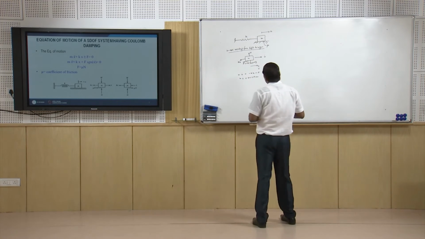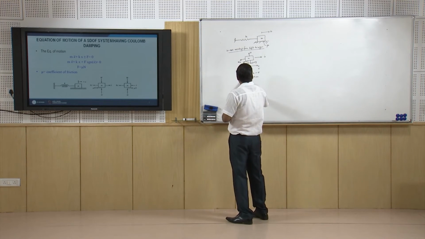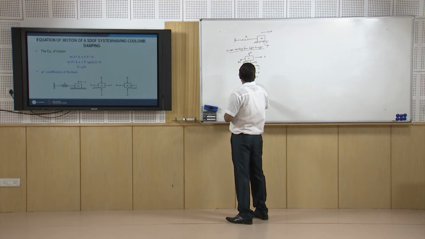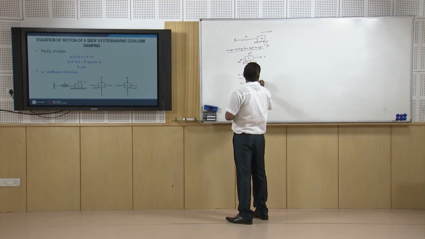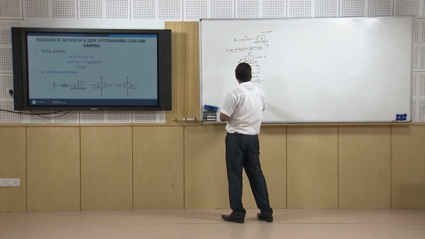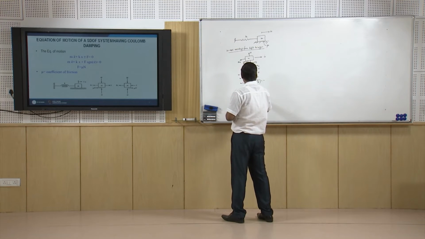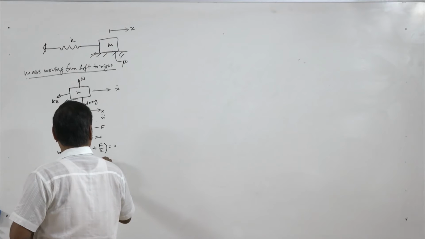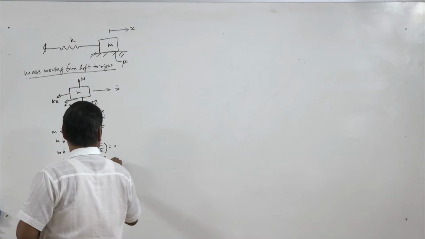Now we can readjust these terms: m x double dot plus k x plus F by k equal to 0. So we can write x double dot plus k by m times x plus F by k equal to 0.